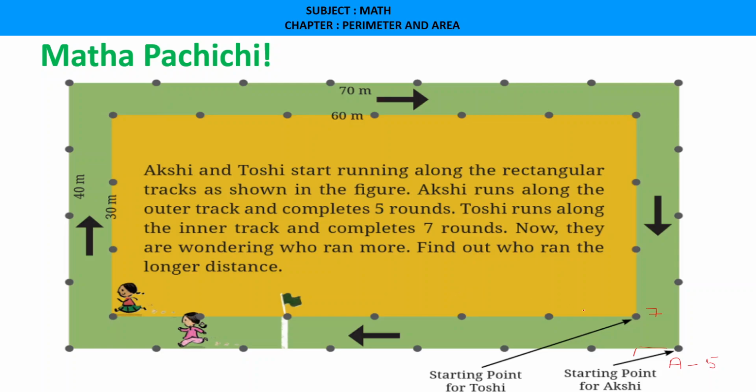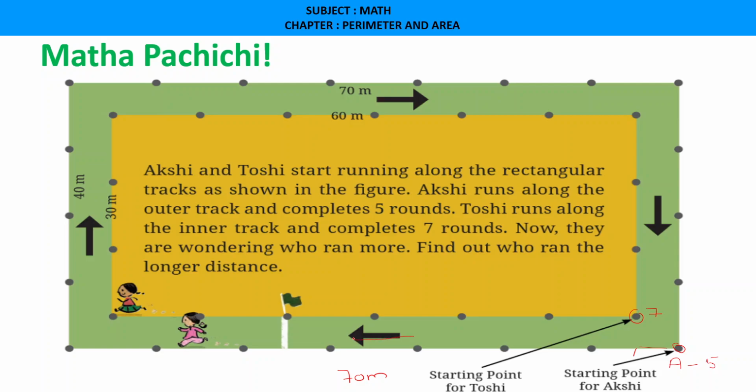Let us see. Now we are remembering this. Akshi is starting from this corner. Toshi is starting from this corner. Akshi completes 5 rounds. Toshi completes 7 rounds. If we observe here, this is in the form of a rectangular field. So the path for Akshi has a length of 70 meters. And the direction they are going is clockwise.